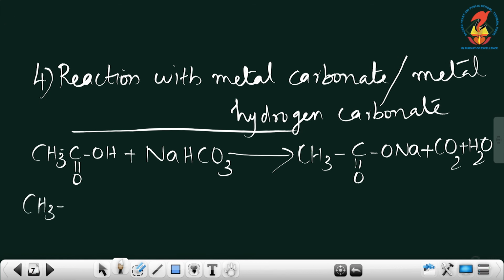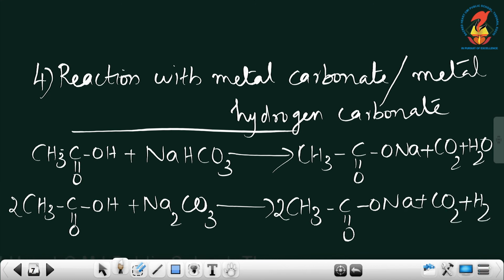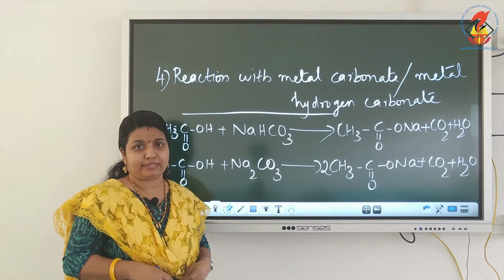Now, when it reacts with metal carbonate, what you get is salt plus CO2 plus H2O. Same salt, same products you are getting. The change is only in the balancing part.